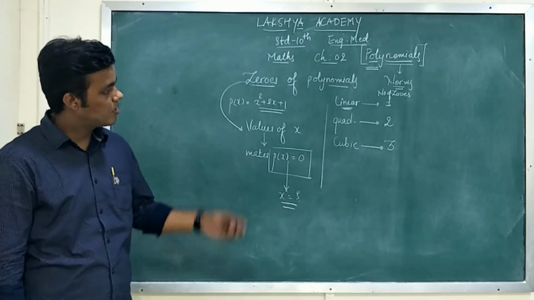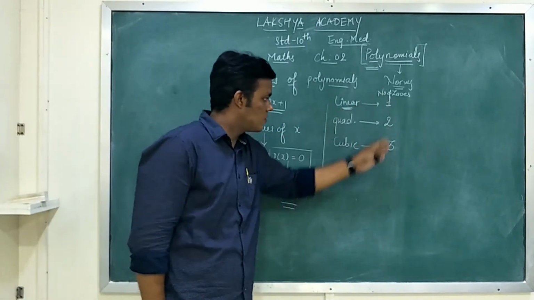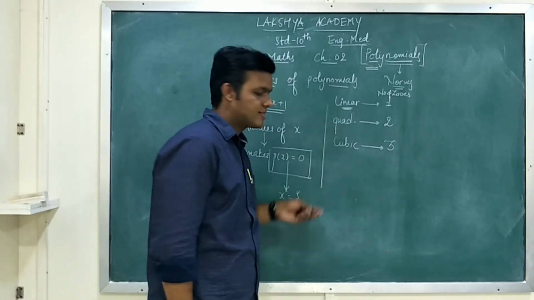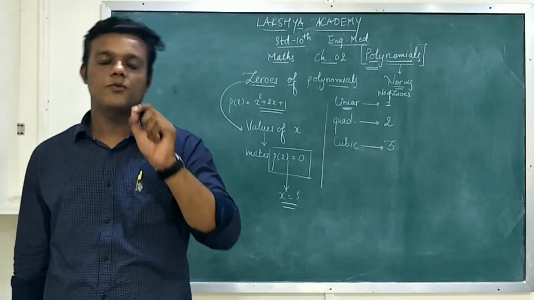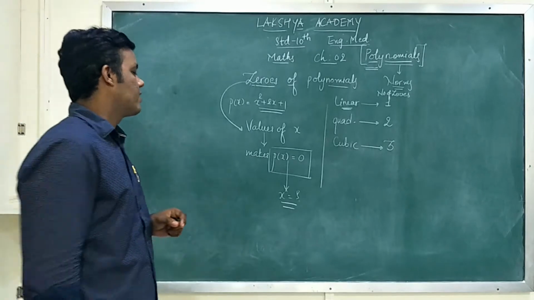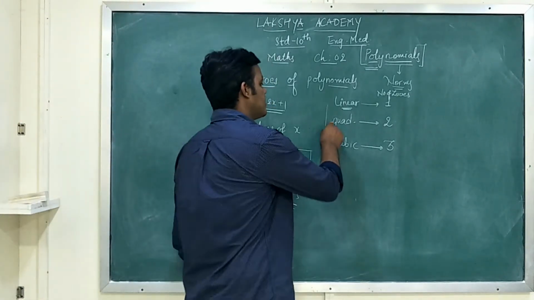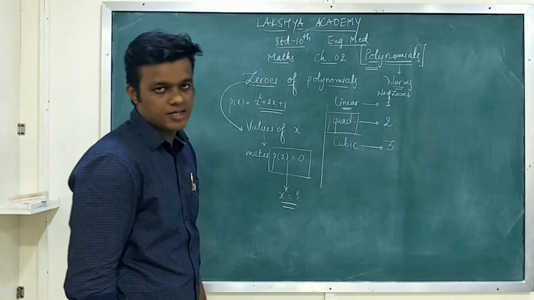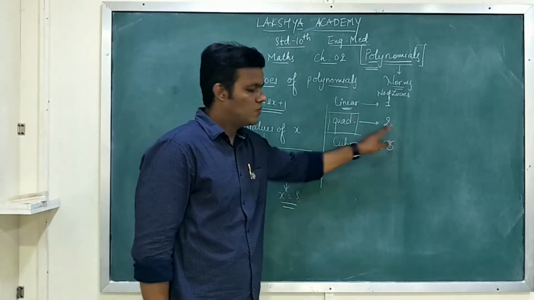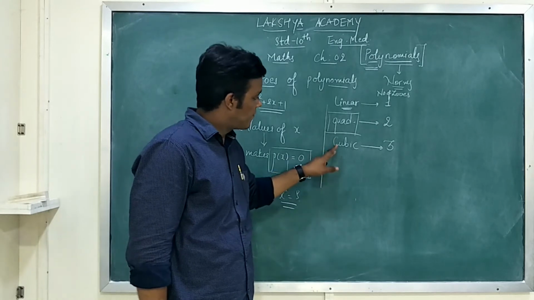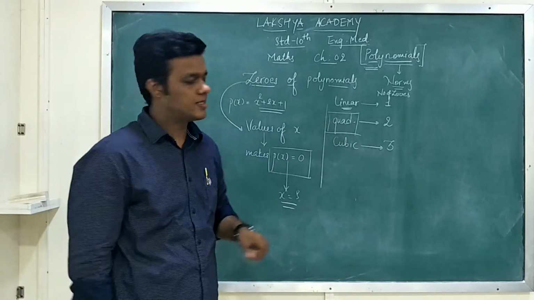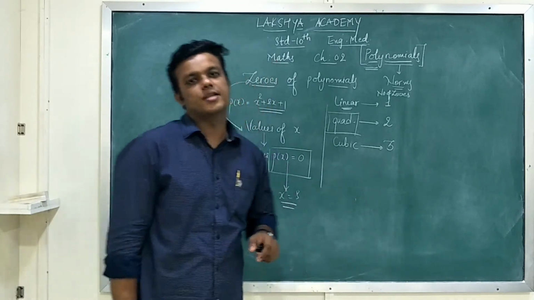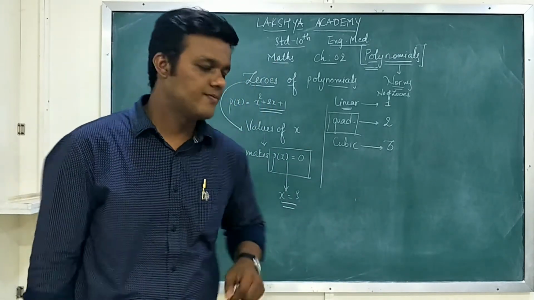So you can conclude that the number of zeros is directly connected with the maximum power any polynomial has. The maximum power of x in a quadratic equation is 2. The maximum power of x in a cubic equation is 3. That's why it has three different zeros, or three zeros.